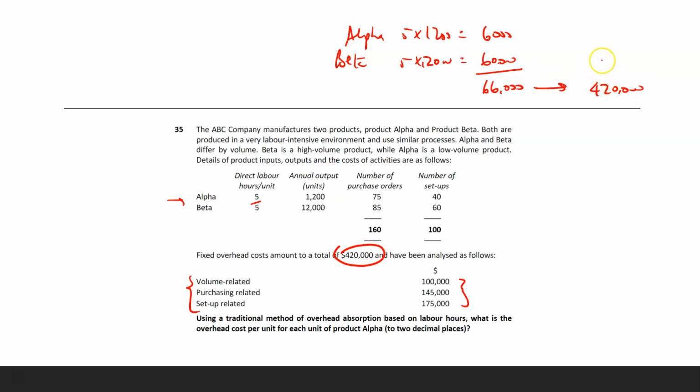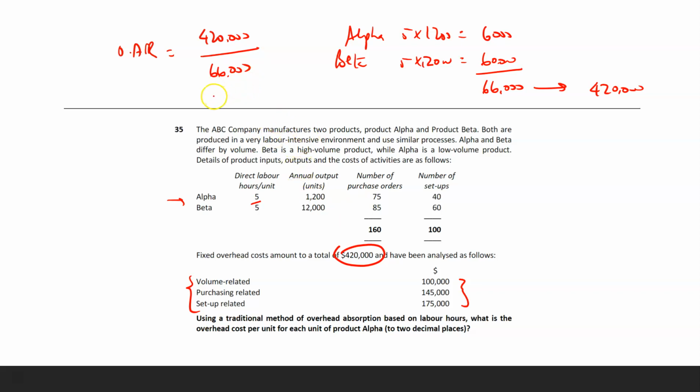So we can find the overhead absorption rate, 420,000 divided by 66,000, which gives you £6.36.